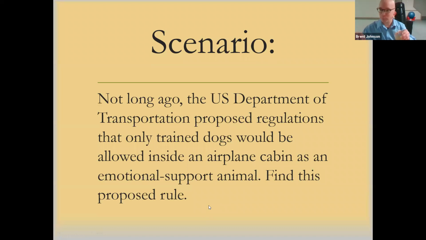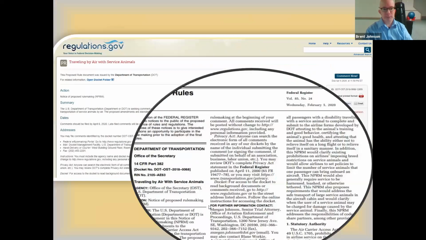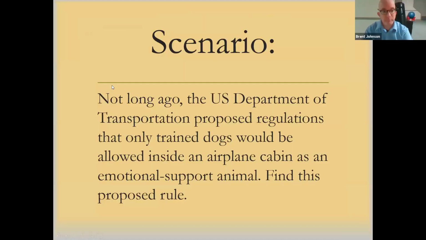Lacey again, she must have taken typing in high school. Yes. Is it 22 CFR 41? Let's see here. Traveling by air with service animals, 14 CFR 382 is what I came up with. But let's see.